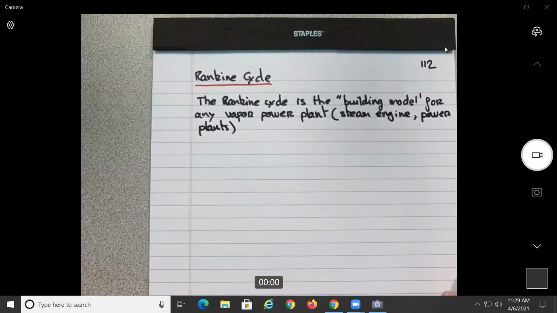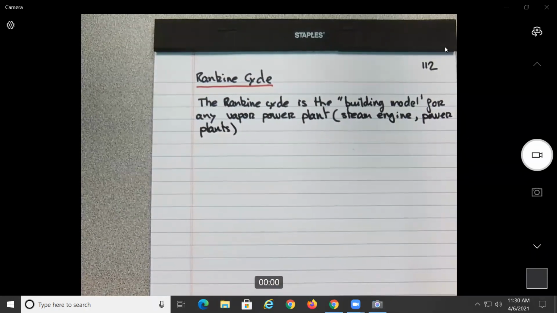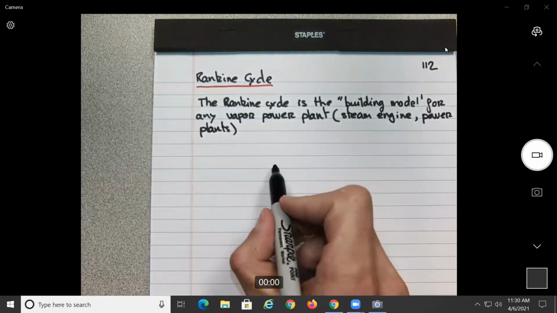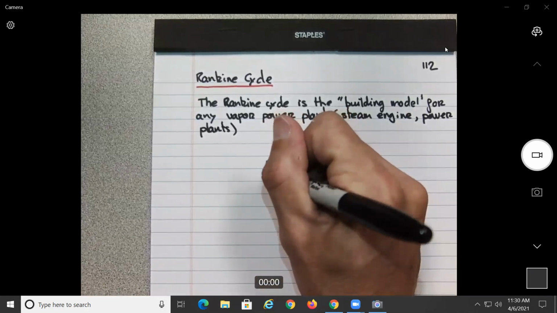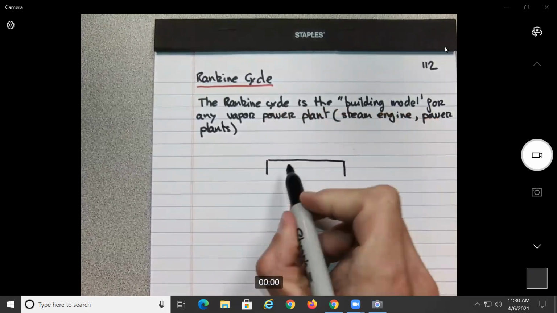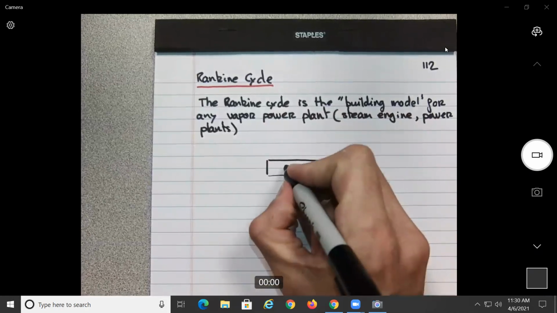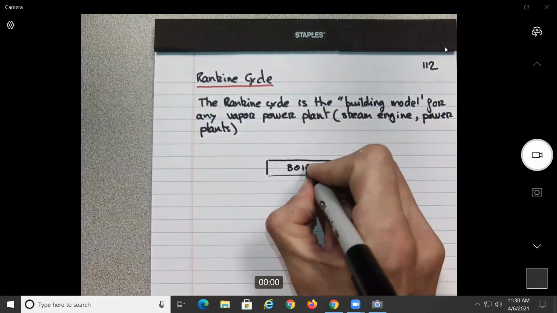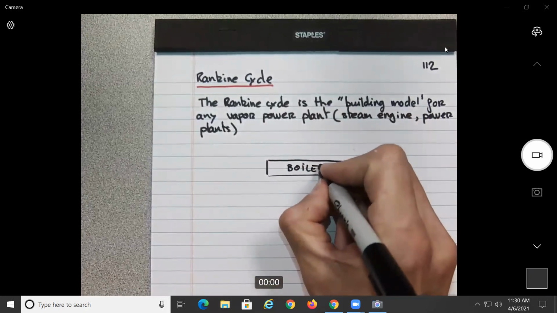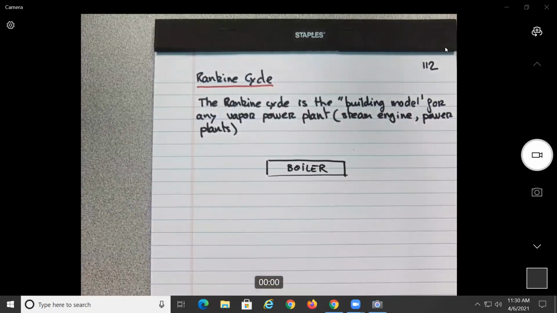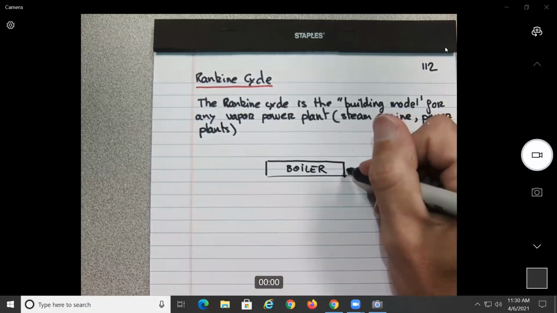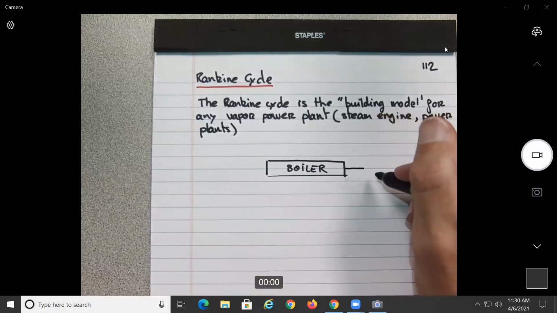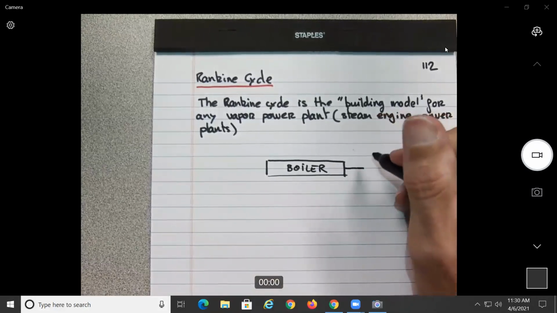All right, so what is the simplified model? You have on top a boiler. Obviously, you need to boil the water. So you boil the water, so you have steam.